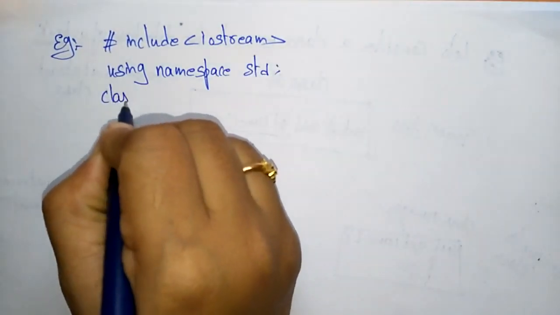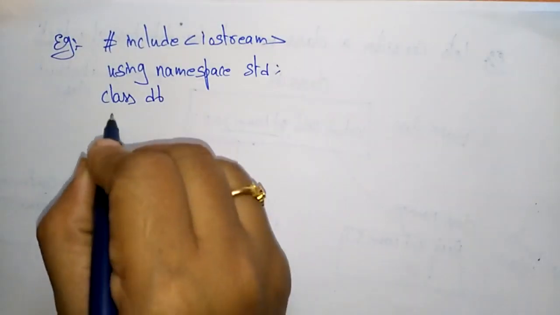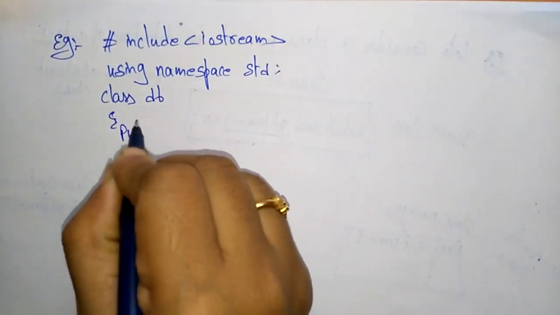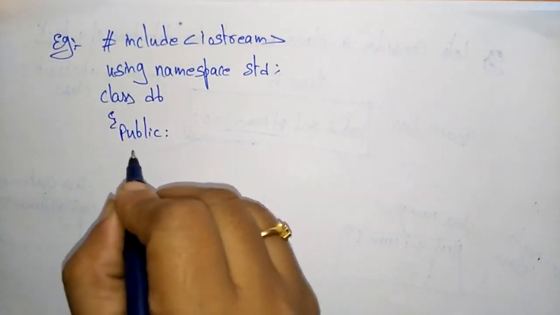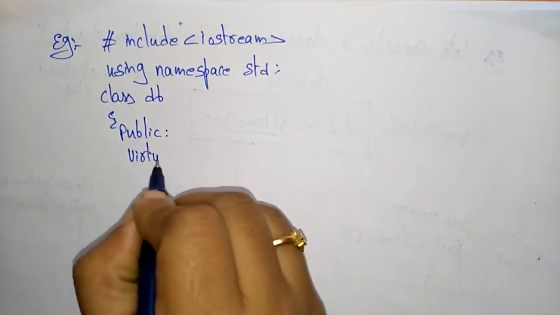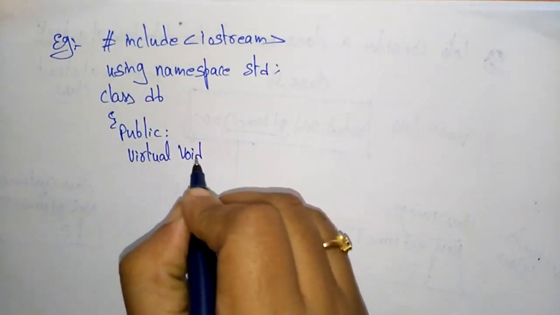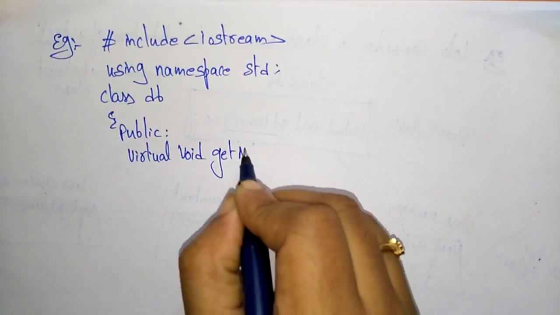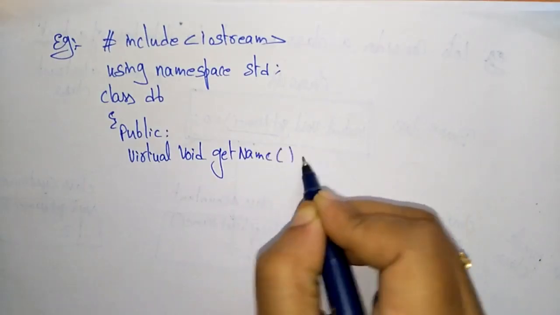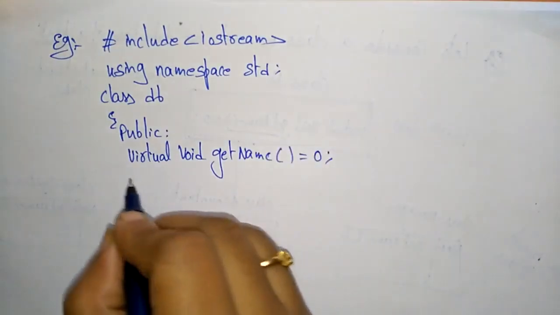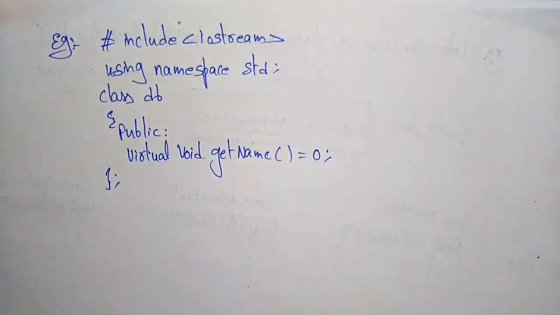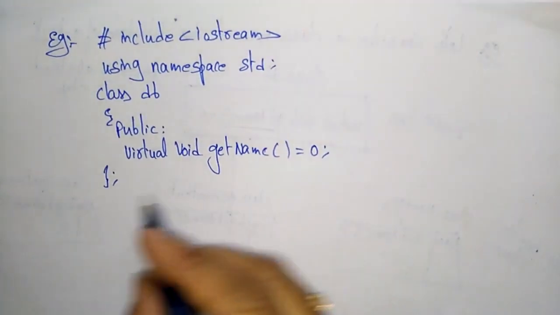Now first declare the base class, that is the database class, with a virtual function. Public virtual void, the function name is getName, and that should be equal to 0. Whenever it is 0, then you can say it is a pure virtual function.